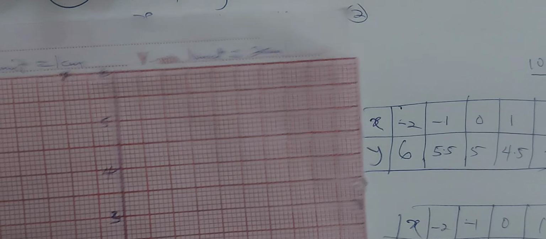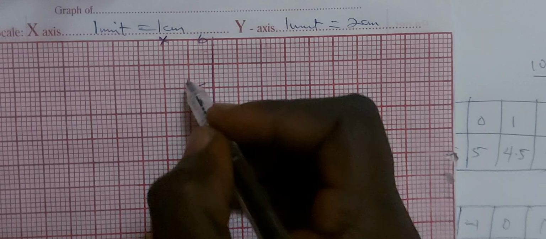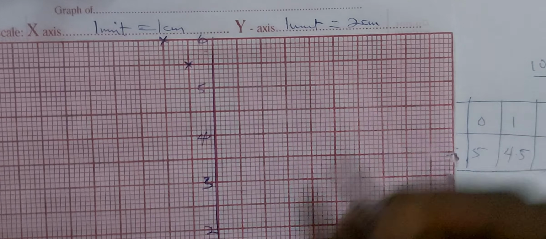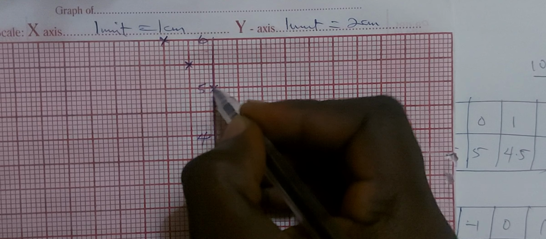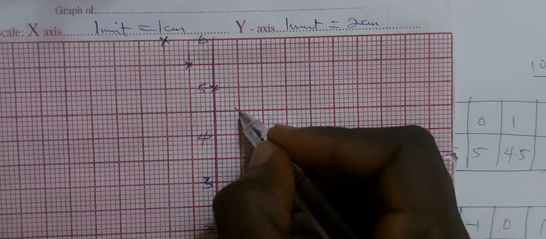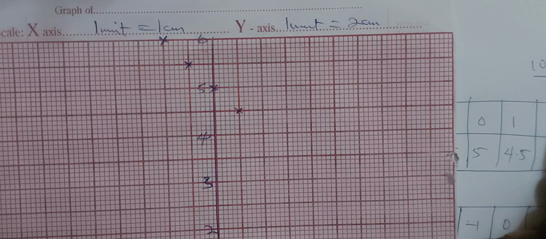When x is minus 1, you have 5.5. 5.5 is here. When x is 0, we have 5. When x is 1, we have 4.5. When x is 2, y is 4.